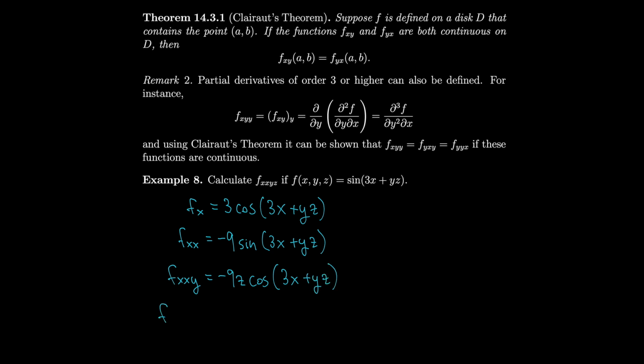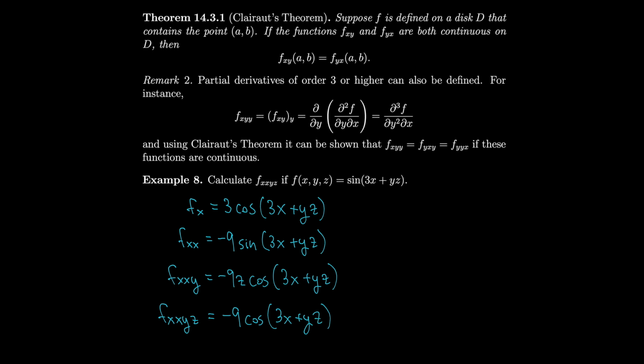And now, last but not least, we will take our partial derivative with respect to z. Over here, we have a little bit of trouble now because this is a function of z, and this is a function of z, so we have to use the product rule. So I'll do this derivative first, so that's just minus 9. And then I'll leave this cosine of 3x plus yz without the derivative.